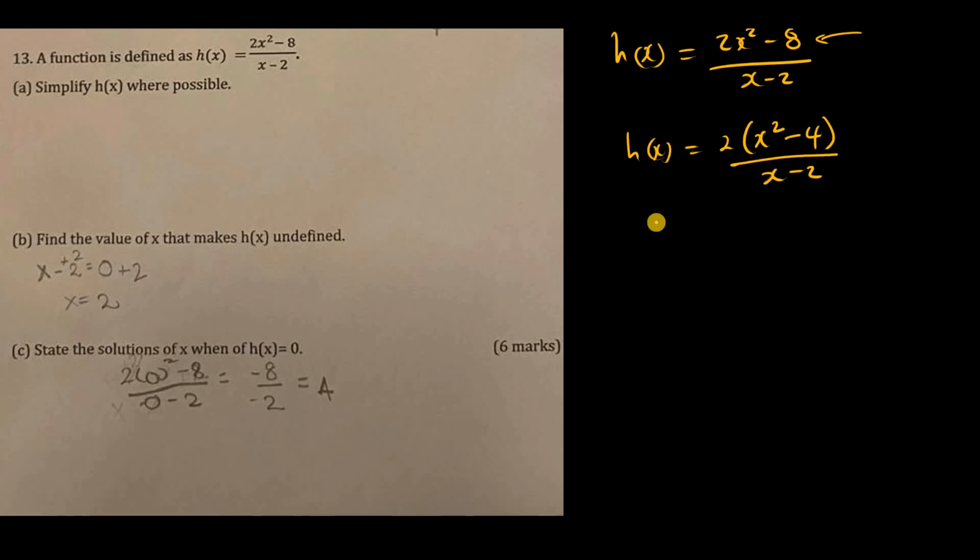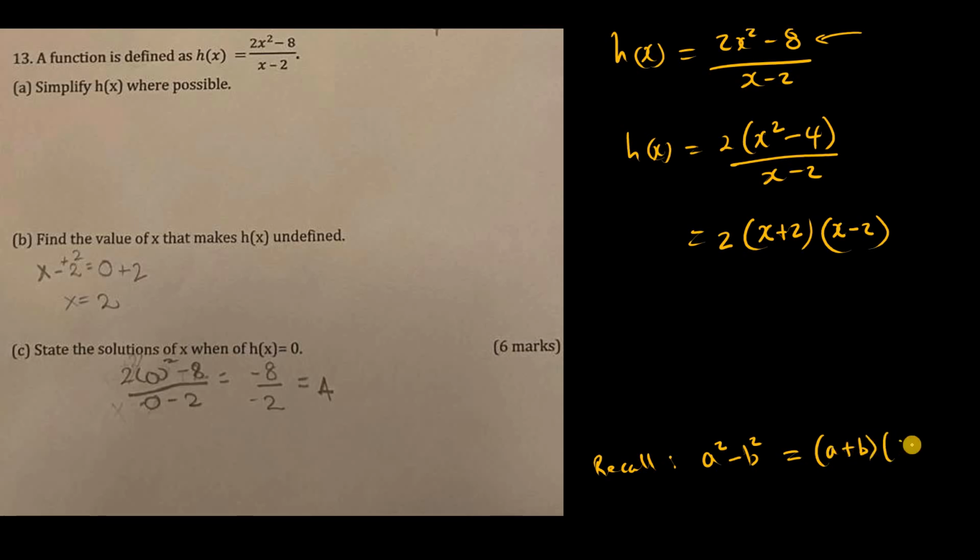Now if you look at the top though, you'll notice that it can be factorized further, because x squared minus 4 is actually the difference of 2 squares. Alright, so we can write it as x plus 2 times x minus 2. Recall this concept, that if you have a squared minus b squared, you can write it as a plus b as a quantity times a minus b.